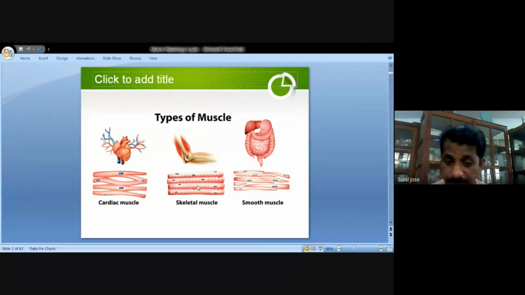One name is skeletal muscle because it is associated with the skeletal system or bone. The second name is striated muscle because of the presence of striations, these dark and white bands. So there are two names: striated muscle and skeletal muscle.